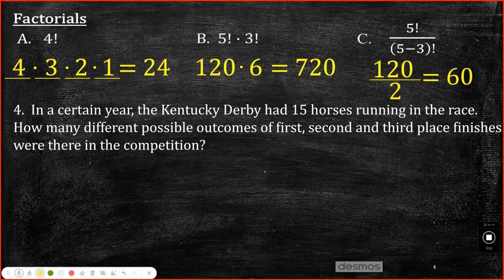Let's say that the first place gets $1 million, second place gets 500,000, and third place gets 100,000. Everybody else gets nothing. So you better get first, second, or third, or you get nothing.